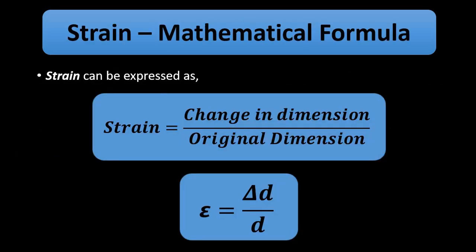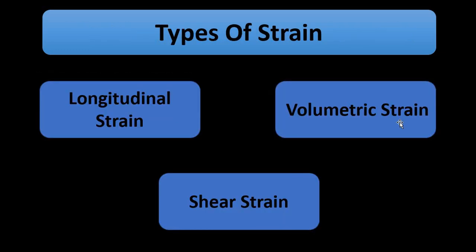Strain is the change in dimension relative to the original dimension. The dimension can be length, volume, or angle. So there are different types of strain: longitudinal strain for length, volumetric strain for volume, shearing strain for angle.